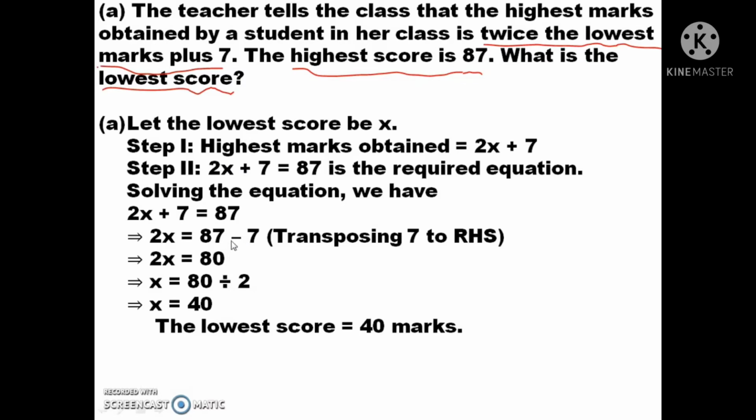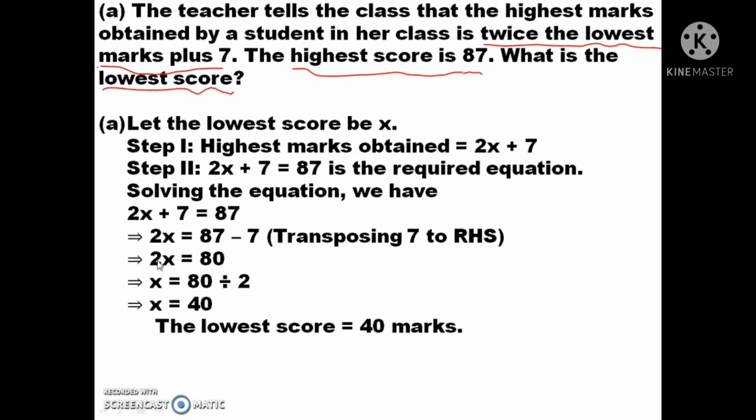So what is 87 minus 7? 87 minus 7 is equal to 80. So how will you read this statement? 2 into x is equal to 80.